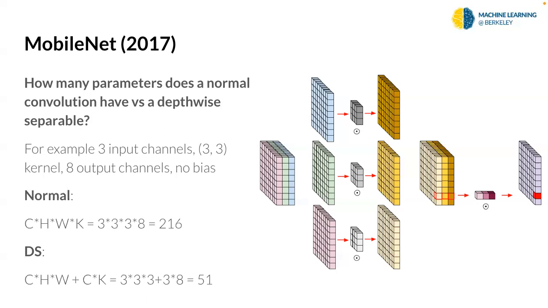Does everyone understand how we arrived at this calculation for both the normal convolution and the depth-wise separable convolution? And does everyone understand the CKHW notation as well?